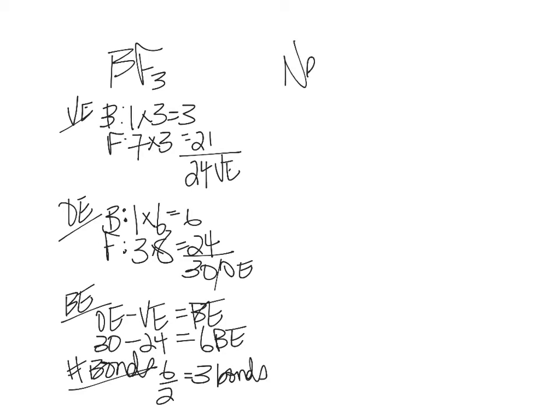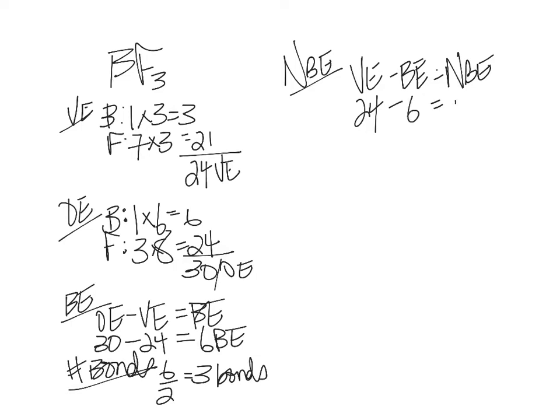Non-bonding electrons will be the valence electrons minus the bonding electrons. Valence electrons, we said, were 24. Bonding electrons, we had 6, which means that we have 18 non-bonding electrons.